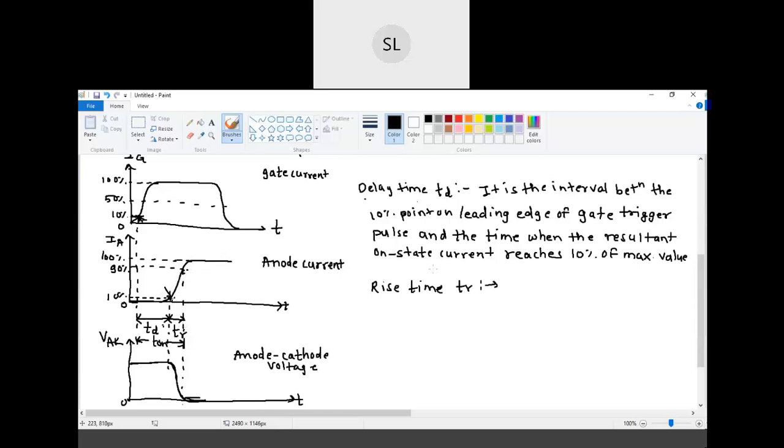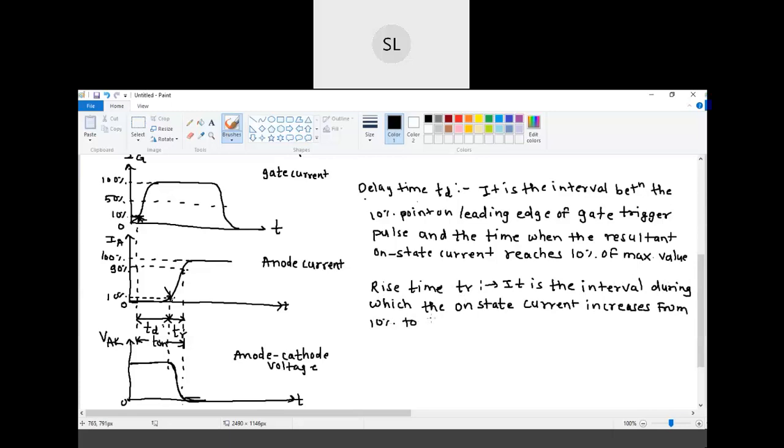So this rise time is nothing but what? It is the interval during which the on-state current increases from 10% to 90% of its maximum value.